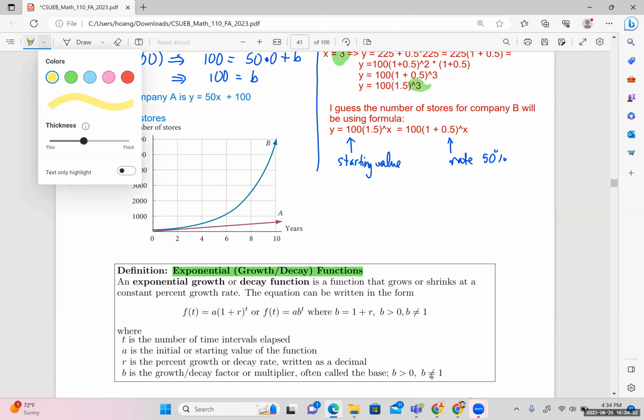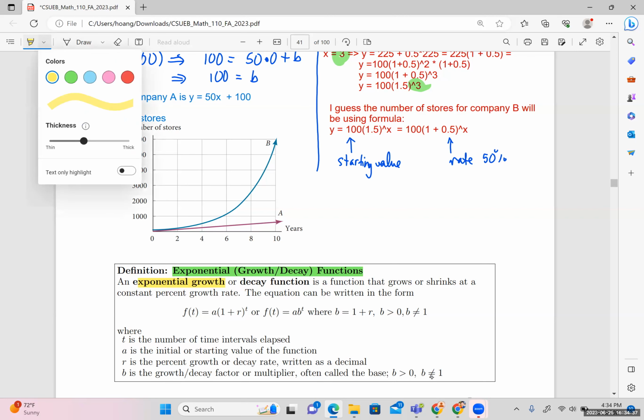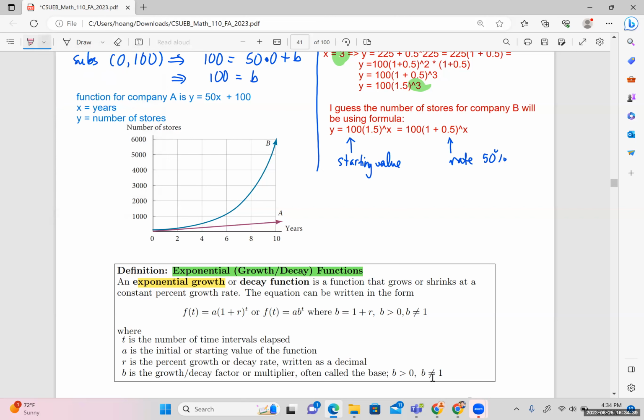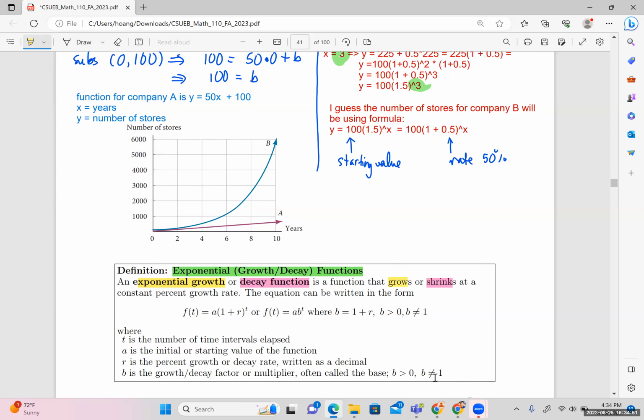So that means we split it into two things: exponential growth or decay function. It is a function that grows or decays at a constant percent growth rate.